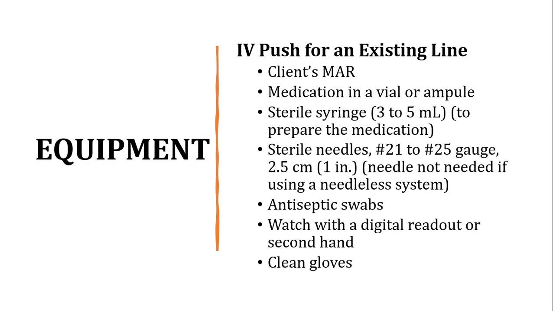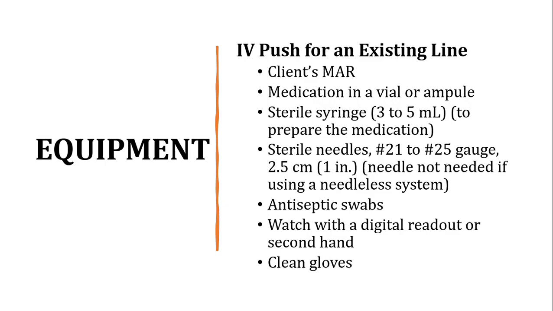The equipment for IV push for an existing line is the client's MAR or medication administration record, medication in a vial or ampule, the sterile syringe. Example is 3 to 5 ml to prepare the medication. The sterile needles, number 21 to number 25 gauge, 2.5 centimeter or 1 inch.